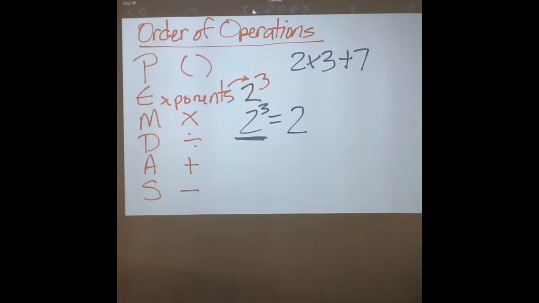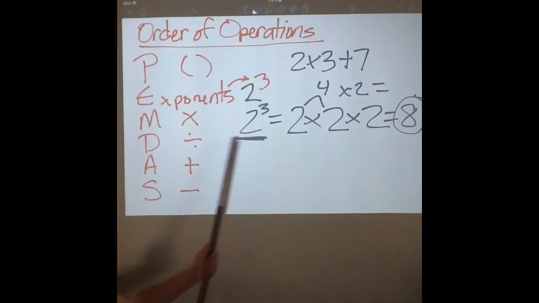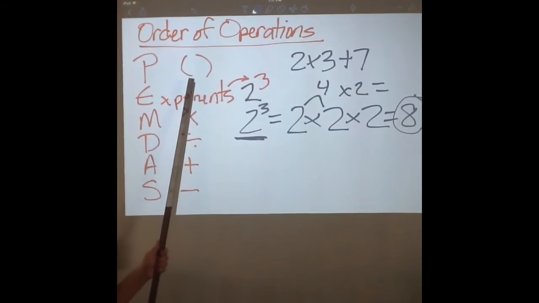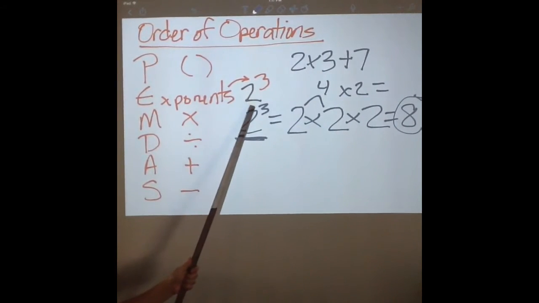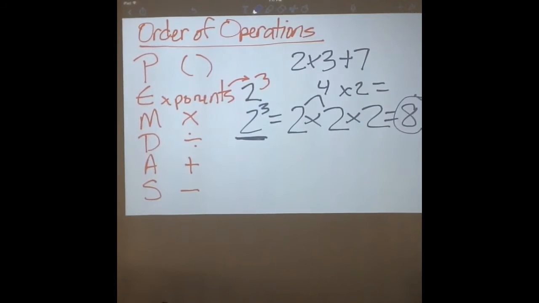How many 2's do we have? We have 3 2's. So we could write it out like that. So 2 times 2 is 4. 4 times 2 is 8. And our answer is 8 for that. That's called an exponent. So you do your parentheses first, your exponents are second. Okay?